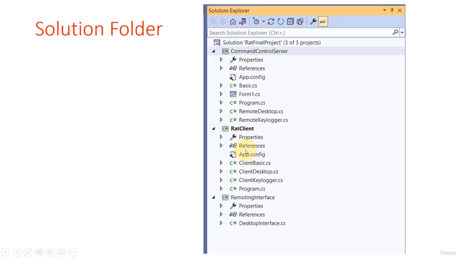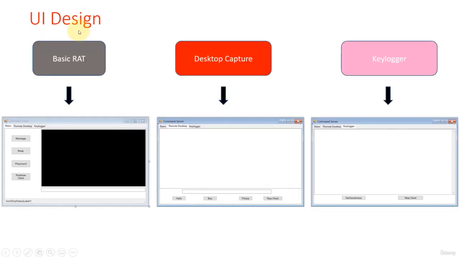The same principle is also used when we are implementing the RED client. For the RED client, I've now split one single file into 3 classes. The client basic will contain all the code pertaining to the socket programming, which is all the code for the basic RED.